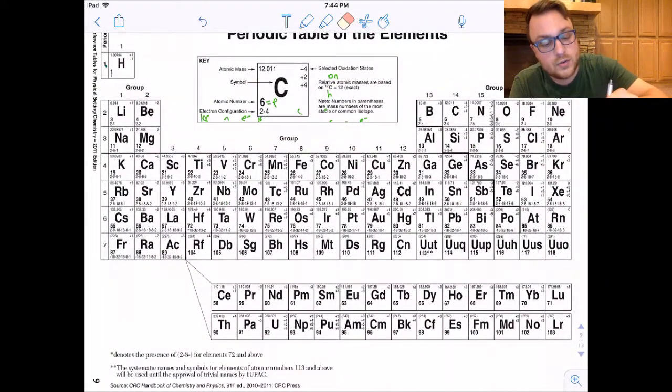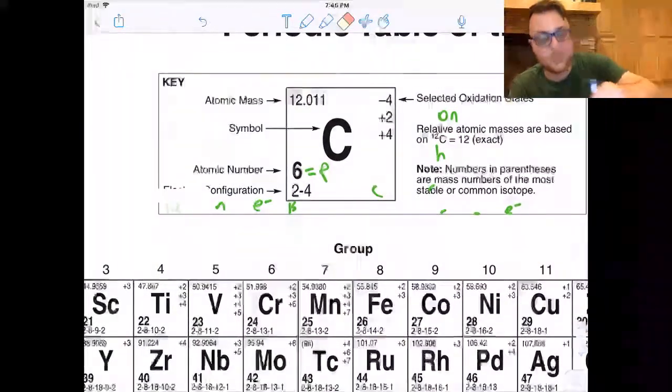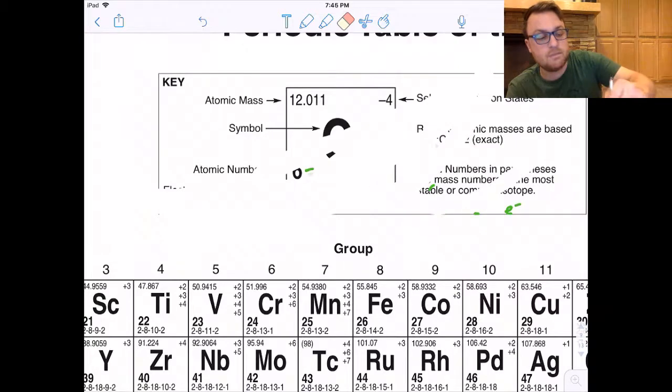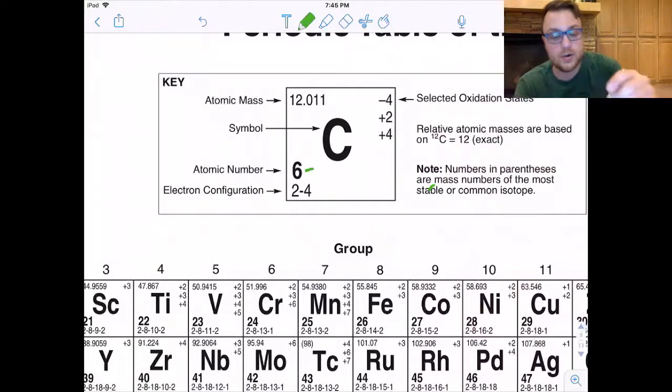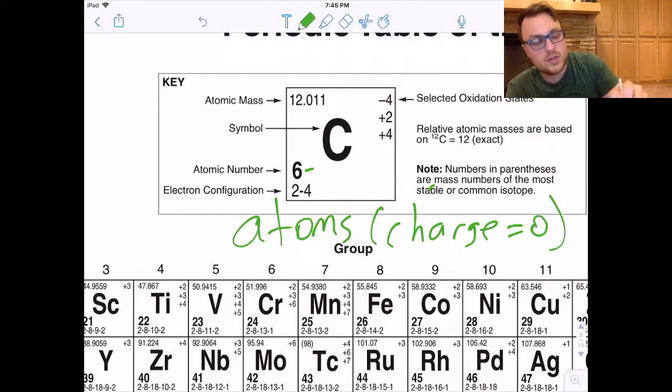So just to reiterate, we assume everything on this periodic table, when we look at it, unless you see a bond or it's noted in the problem, that these are all atoms, which means the charge is 0. The oxidation state is 0. So if you just see O2, we assume the charge is 0.